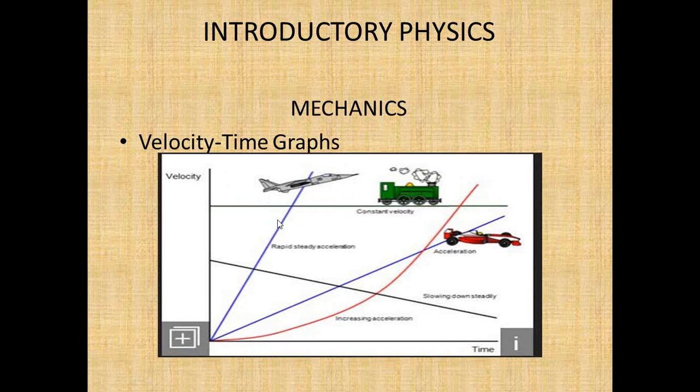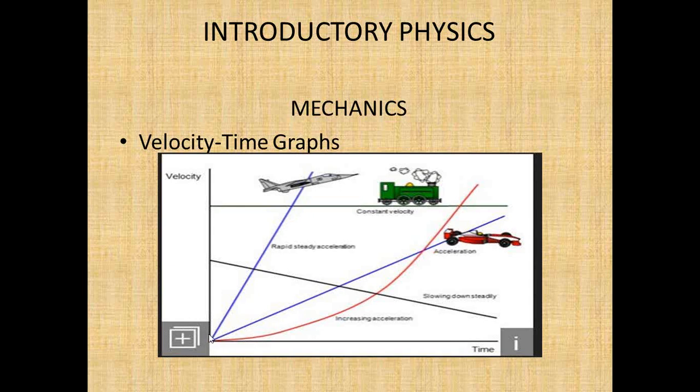And that is why the velocity time graph for the aircraft is much steeper than the race car. Remember, the slope tells you about the acceleration. So there is much more acceleration with the aircraft than the race car. The slope of the velocity time graph tells you about acceleration. Okay? All right.